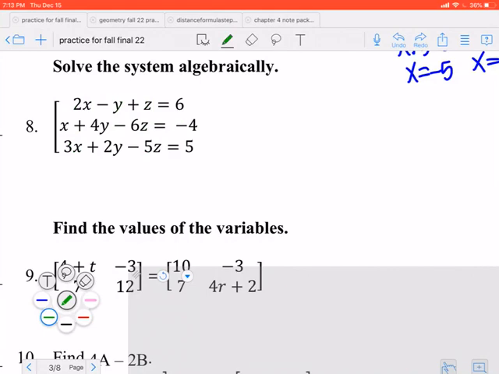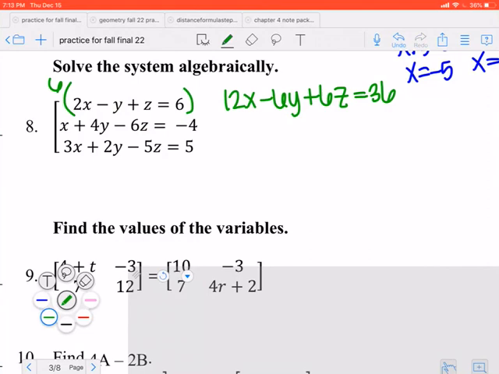Okay, so multiplying this top equation by 6 gives us 12x minus 6y plus 6z equals 36. Remember, you've got to multiply all of the terms by 6.